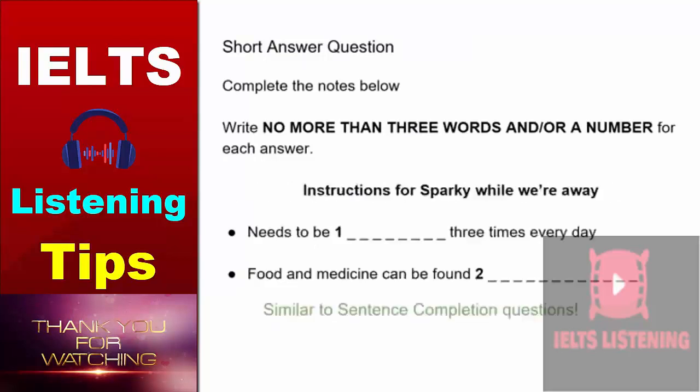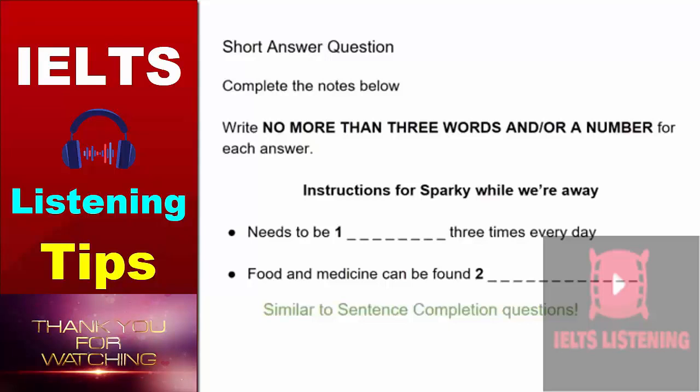There's a second type of short answer question, and this one looks very similar to a different type you may have already seen the video for, the sentence completion questions. Now, these are different from sentence completion questions because if you notice in the questions down below, these are not complete sentences, okay?